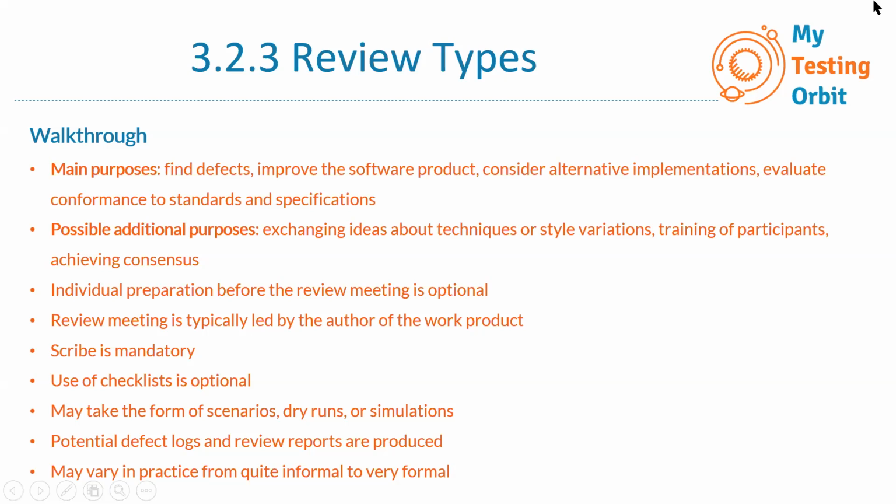If there is any evaluation which needs to be done for conformance to standards and specification, that can be done through a walkthrough. Possible additional purposes: exchanging ideas about techniques or style variations, training of participants, and achieving consensus.